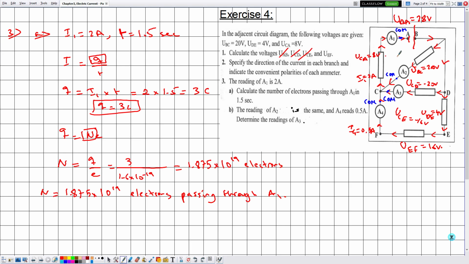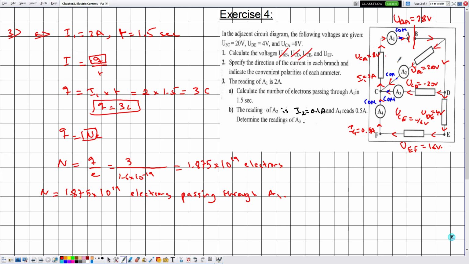So let me modify something. Let me say that the reading of A2 is I2 equal to, say for example, 0.1 amperes, and the reading of A4 is 0.5 amperes.